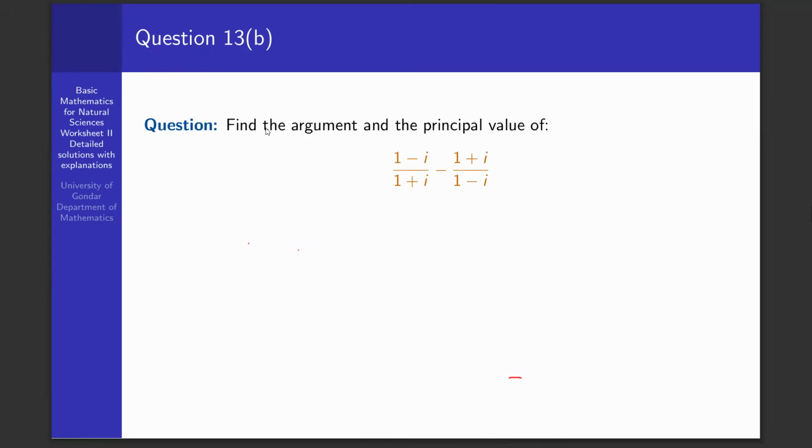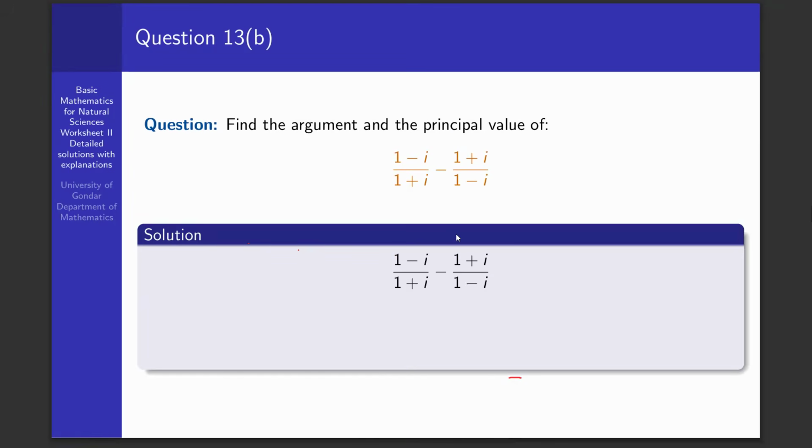And the next one, that's question number 13b. Find the argument again and the principal value of this one. That's simply this expression. As usual, let's first simplify it, so that the simplified form of this thing could be, that's minus 2.